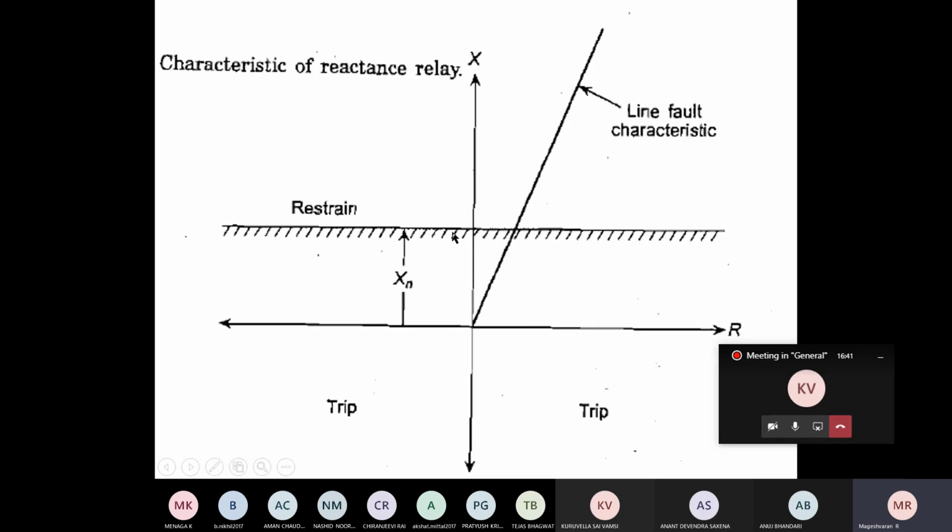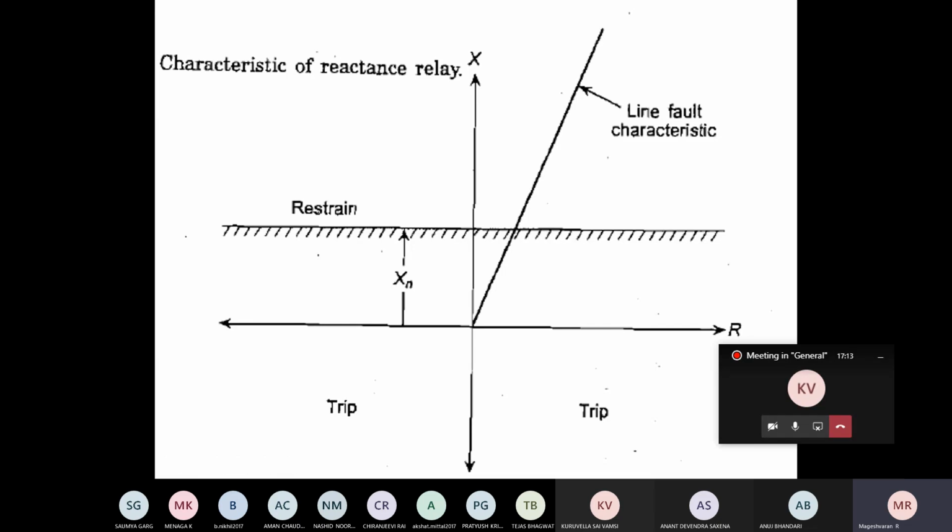So it is clear that below the Xn value, Xn may be 5 ohms or 10 ohms like that, whatever the value of X is for any kind of fault condition, if the X seen by the relay is less than Xn, it is going to operate. So all these areas, completely all these areas, are trip region. The whole minus X values are trip region, whereas above this it is restrained.